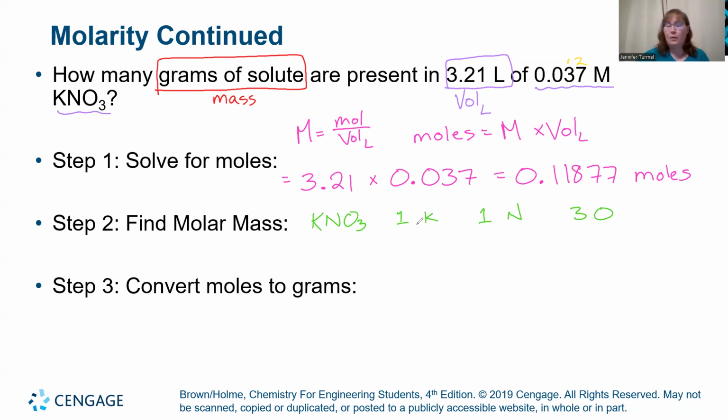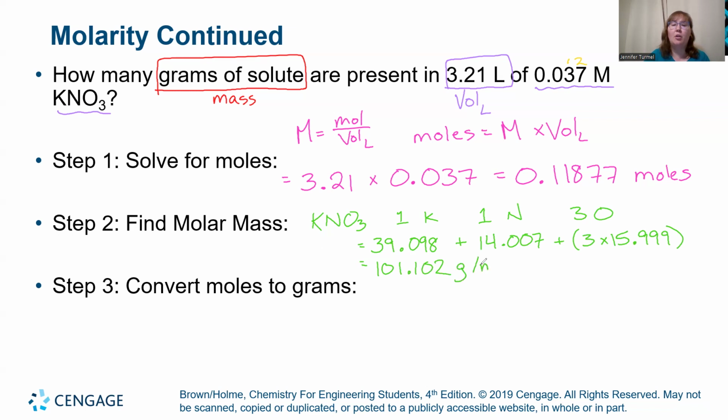Our potassium is 39.098, our nitrogen is 14.007, and our oxygens are 3 times 15.999. When we work through that, we will get a molar mass of 101.102 grams per mole.